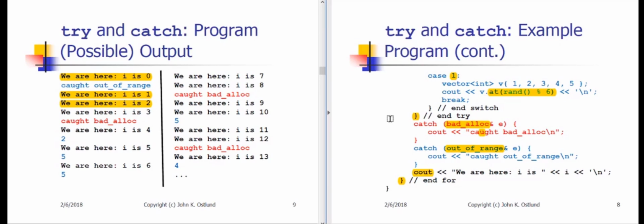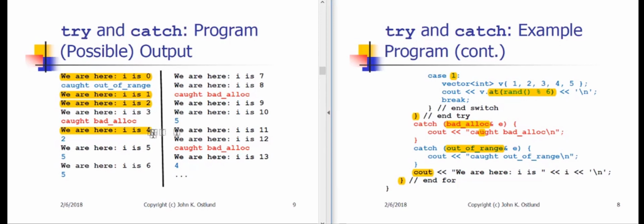And after we've displayed caught bad alloc, we fall down to the black cout statement, and we display we are here, i is 4. Remember that i's value is always 1 behind the actual iteration through the loop. So we just finished the 5th iteration through the loop.